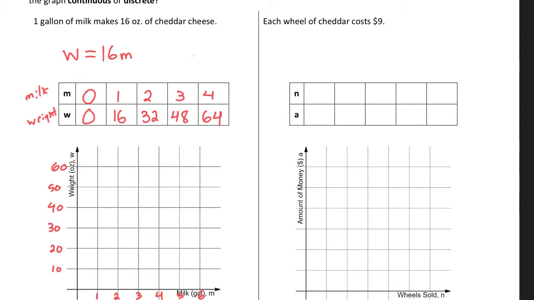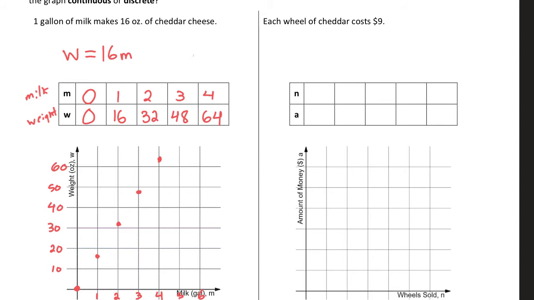So I'm going to graph my points: 0, 0; 1, 16; 2, 32; 3, 48; and then 4, 64. So again, we think about this: using different gallons of milk, I can make maybe a half batch with a half gallon.